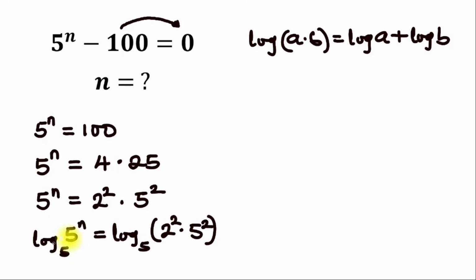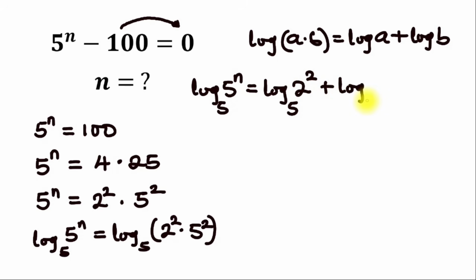So the left-hand side we have the log base 5 of 5 to the power of n. This is equal to log base 5 of 2 squared, good, plus log base 5 of 5 squared. Very good.